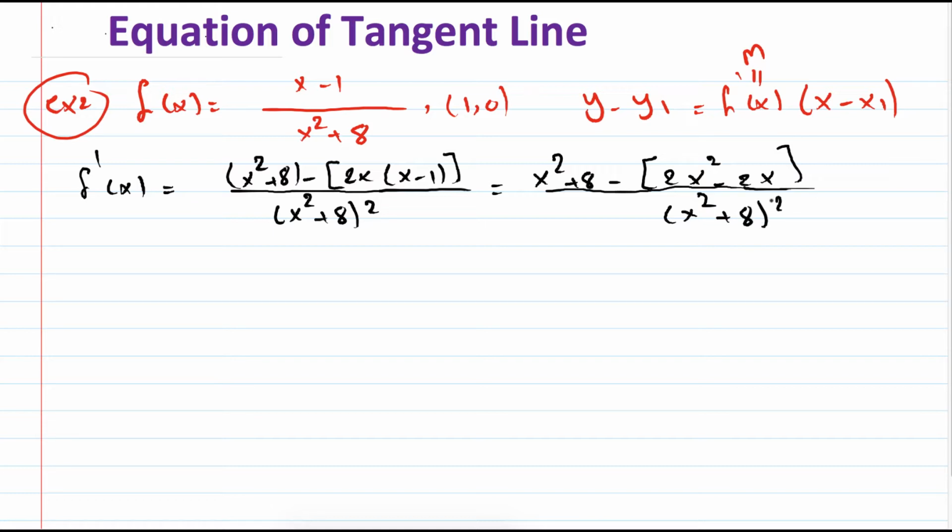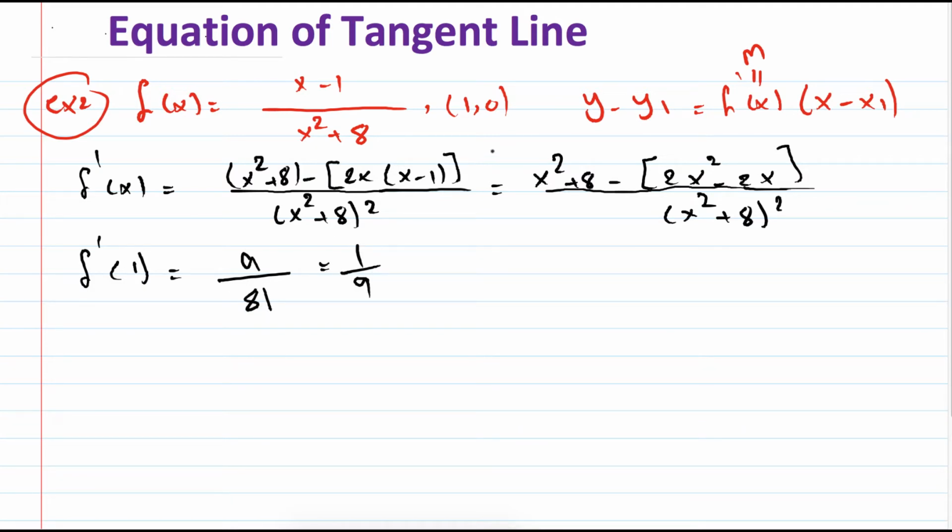So if I evaluate f prime of 1, this will equal 1 plus 8, which equals 9, minus 2 times 1 is 2, minus 2 times 1 is 2, so this will be 0, so we will have 9 right here. And in the bottom we will have 1 plus 8 is 9, 9 to the 2 is 81, which equals 1 over 9.